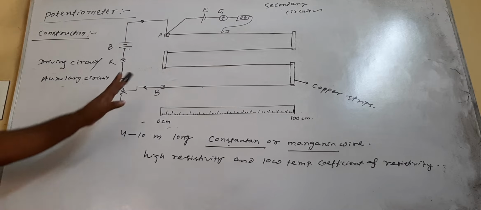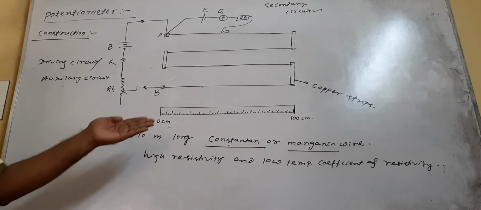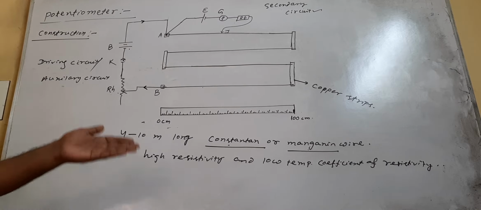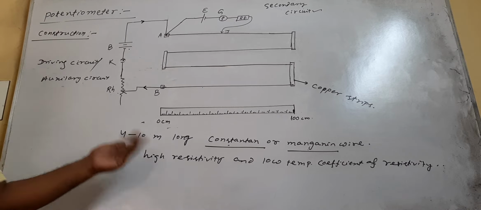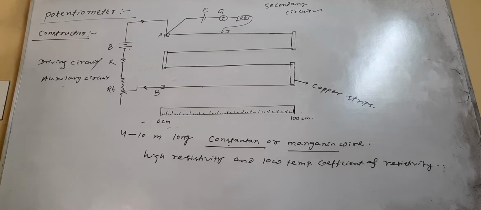So, what is construction? It consists of 4 to 10 meter long constantan or manganese wire. These wires are of high resistivity and low temperature coefficient of resistivity.